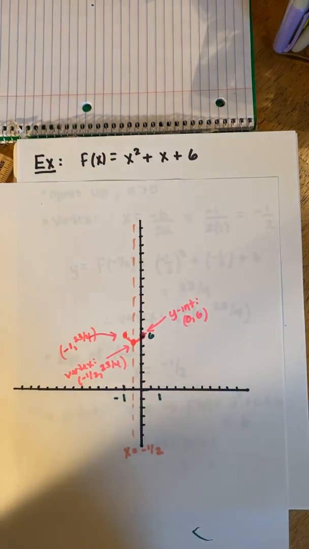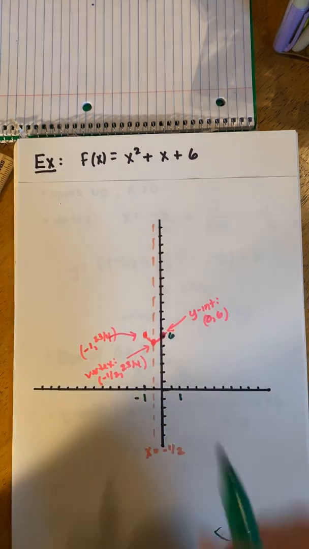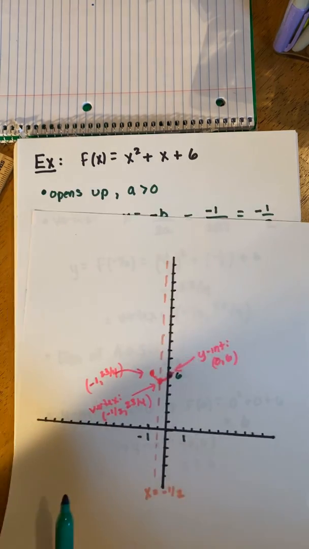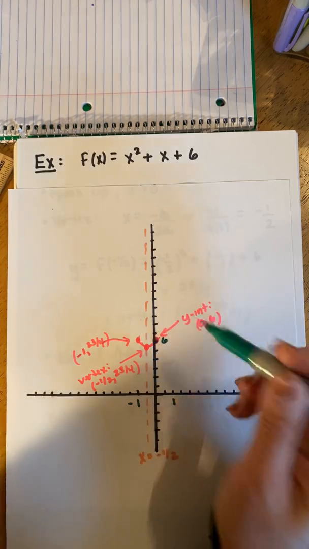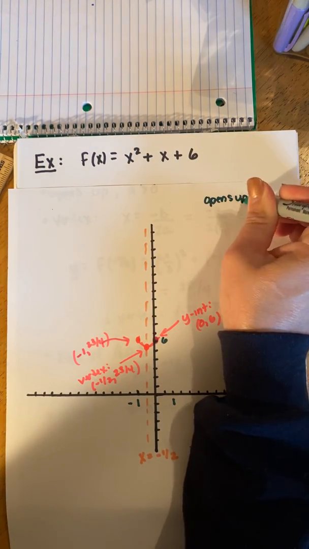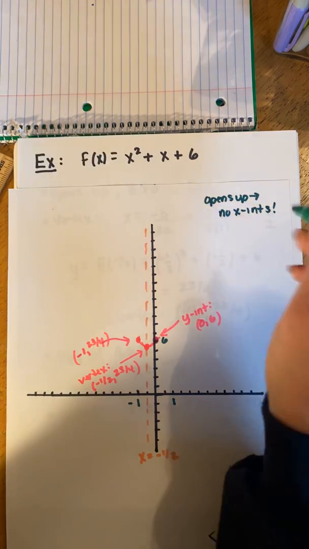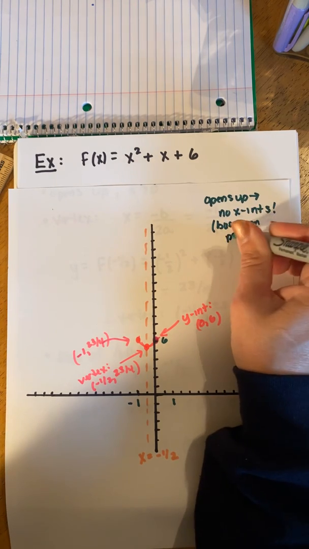So we don't even have to bother to find x-intercepts. That's an awesome thing, a good feeling that we don't have to go through that work. So just make sure that you have your vertex correct and you have your leading coefficient correct, if it's positive or negative. So opens up, no x-intercepts, only based on the position of the vertex.